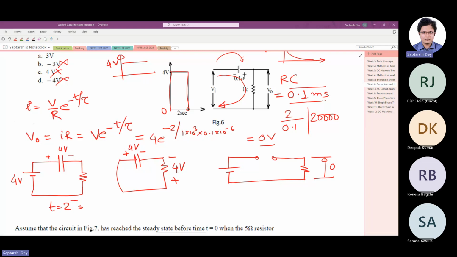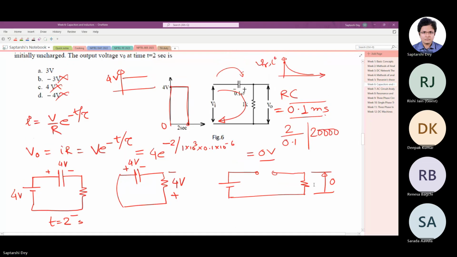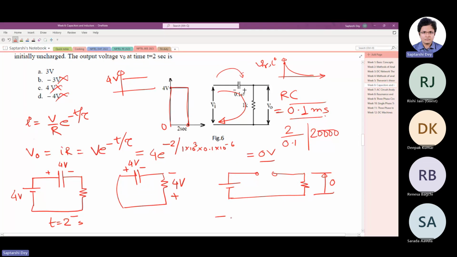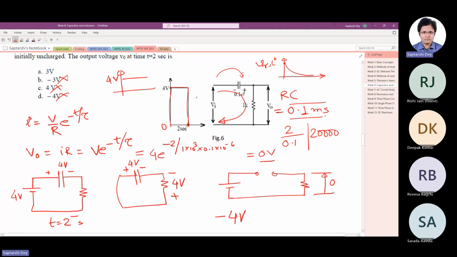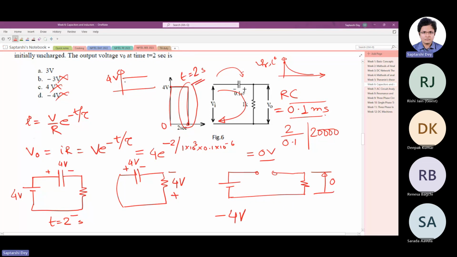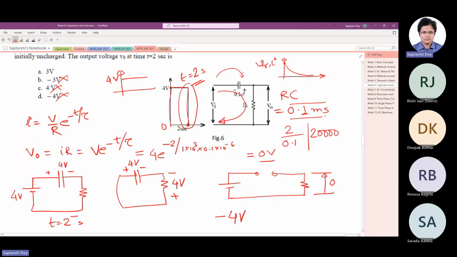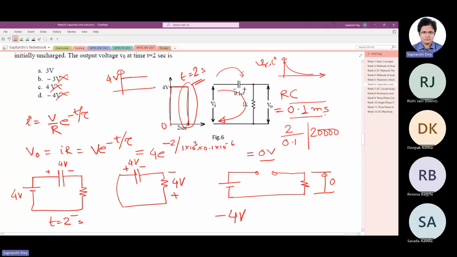Tell me, any doubt, or should I say once again? The answer is minus 4 volt, because the voltage is made zero once again at t equals 2 second. Had this been kept constant 4 volt like this, it would have been zero for sure.